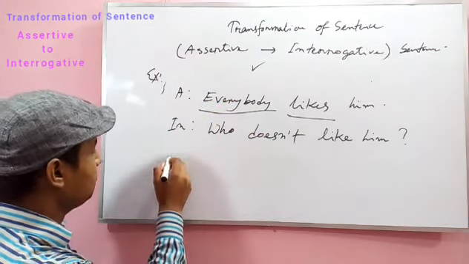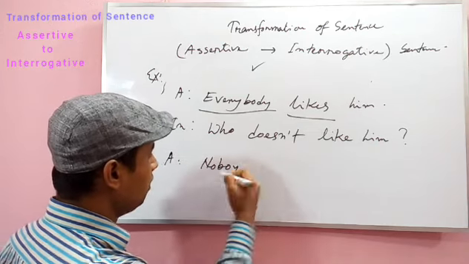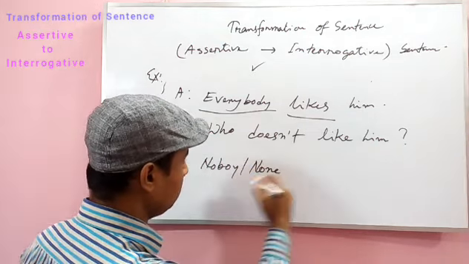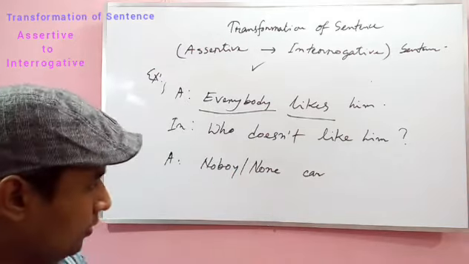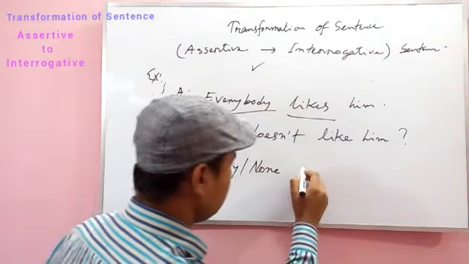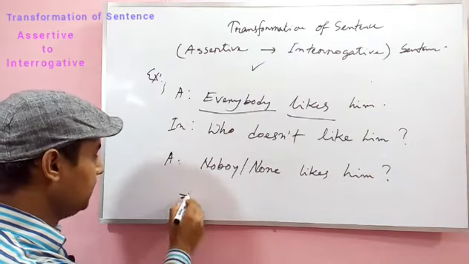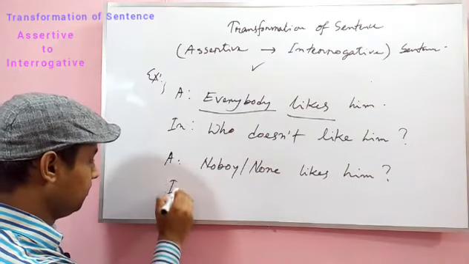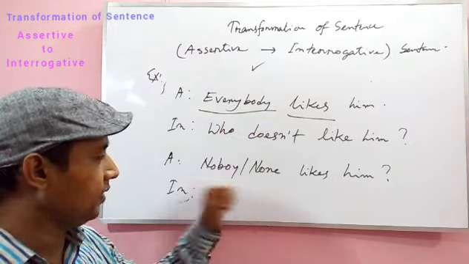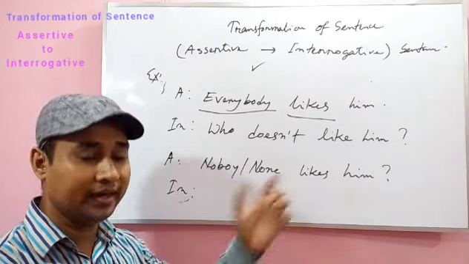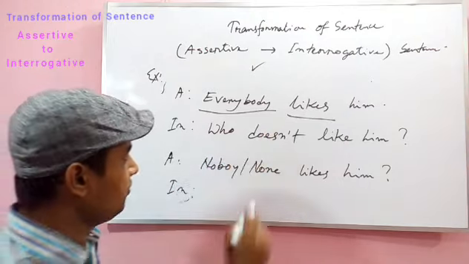But when you find nobody or none likes him, please notice the difference. The difference between everybody, everyone and nobody, none is only the affirmative or negative form of the interrogative sentence. When you find affirmative form, you should give negative form.